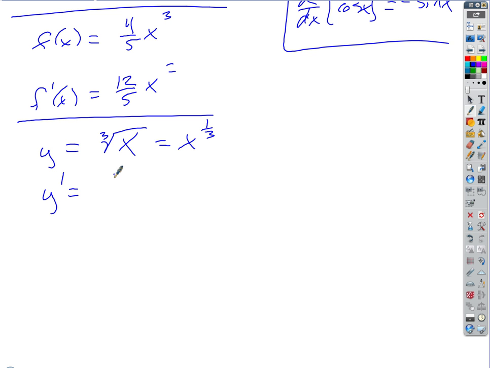You get 1/3 x to the what? What's our rule say? I'm going to subtract 1. 1/3 minus 1 is going to be negative 2/3, right? So then that gives you 1/3 times the cube root of x squared. Yeah, x to the 2/3 is just the cube root of x squared. We can just write it as a fractional exponent. That's fine.